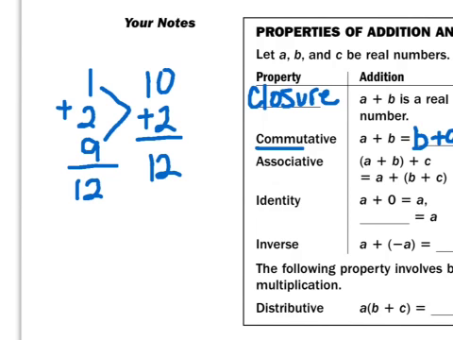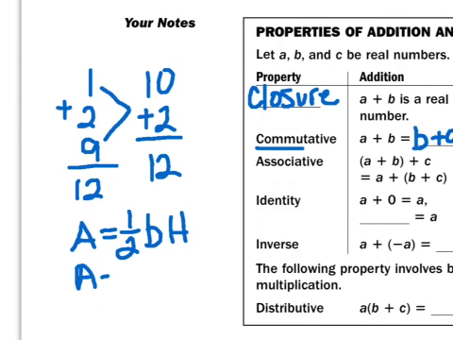Last year in geometry, for the multiplicative associative property, you should have learned that for the area of a triangle, say the formula is 1/2 base times height. Say that base was like 7 and the height is 10.